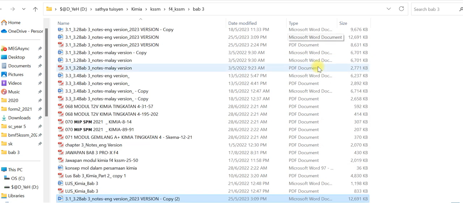Wait, I give you the notes. Fresh and new. Smell like paper. Paper smell like this one. I printed it 2 in 1, if not it would be 27 pages.